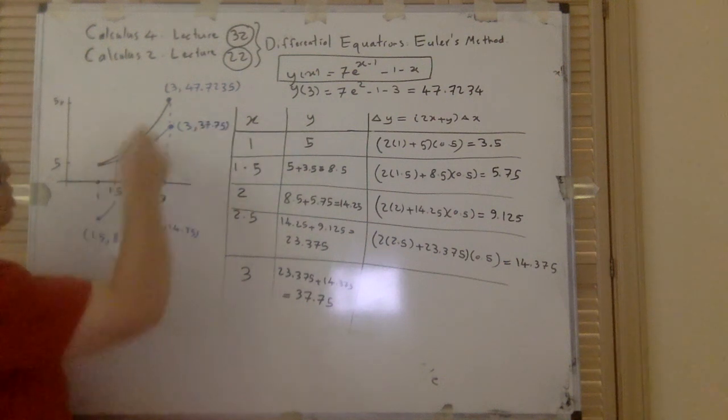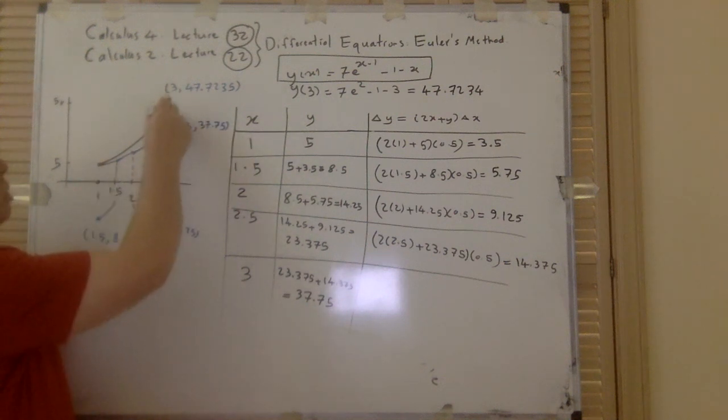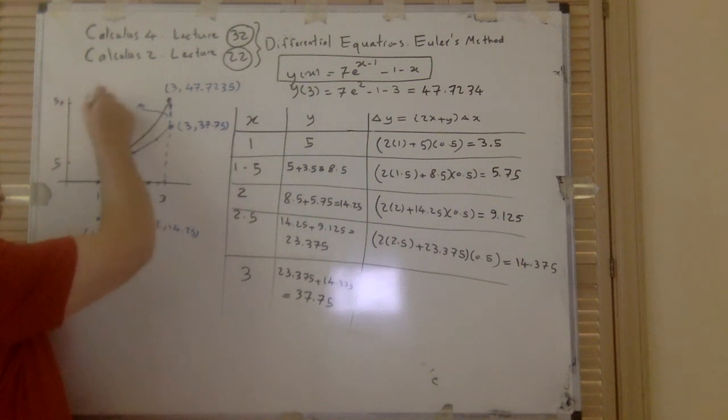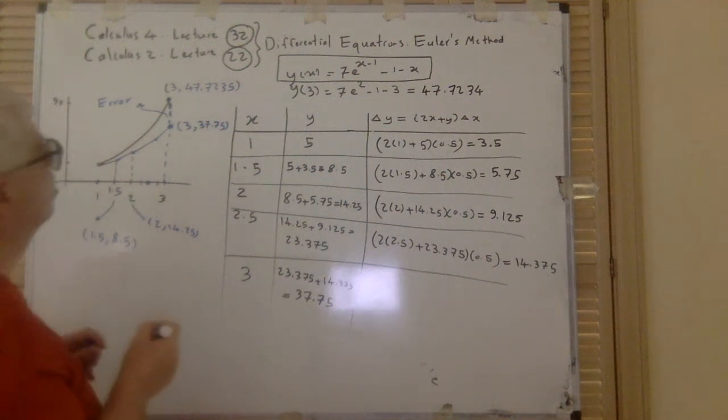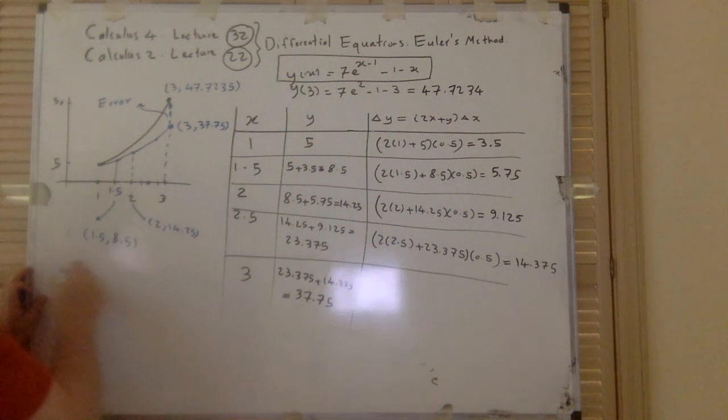Okay, so this is my error. I have this much error, which is about 10, right? 47.7235 minus 37.75 is almost 10. It's not exactly 10, but it's almost 10.